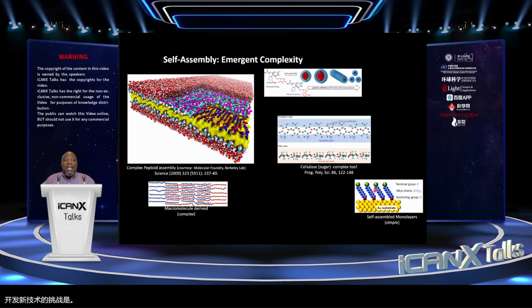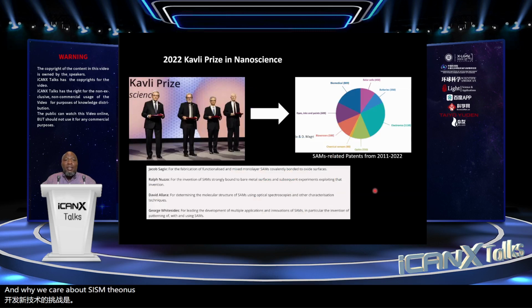And why do we care about self-assembled monolayers? As you might be aware, last year the Kavli Prize in Nanoscience was awarded to these four gentlemen for their work in self-assembled monolayers. This is an old science.